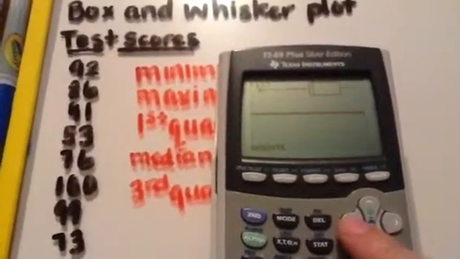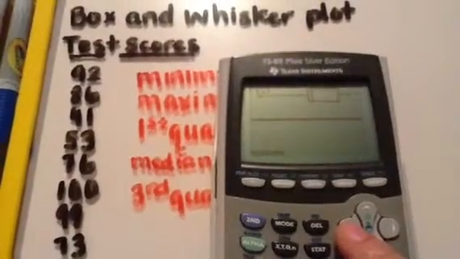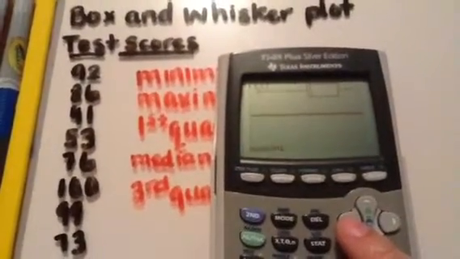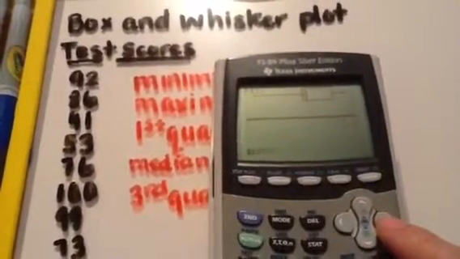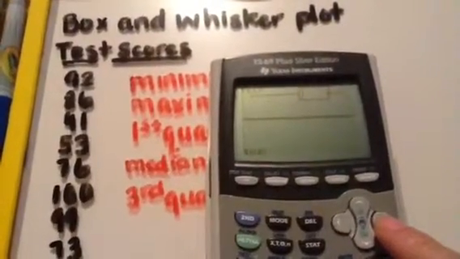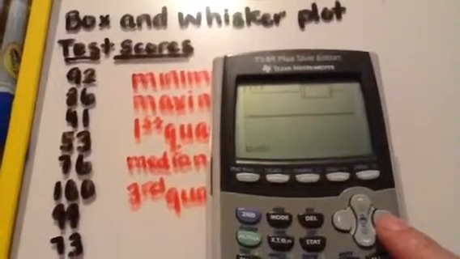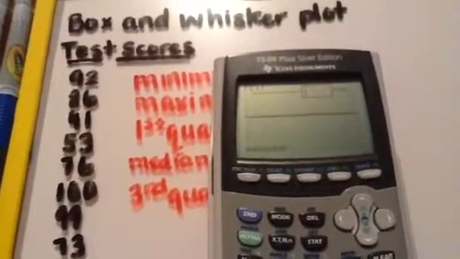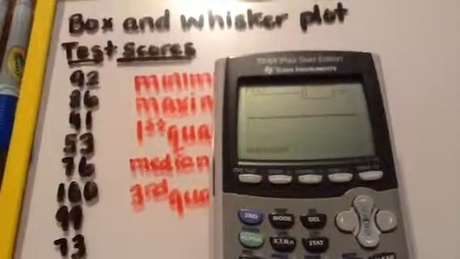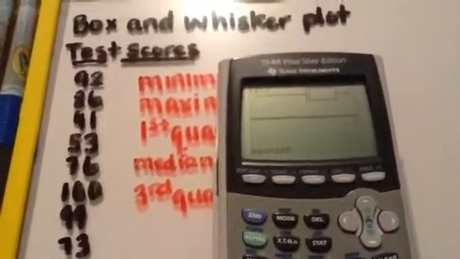If you continue to go to the left, it shows your minimum is 41, which you probably selected anyway. Go back to the right, find your third quartile, which is 92, and your maximum is 100. Make sense? Excellent.